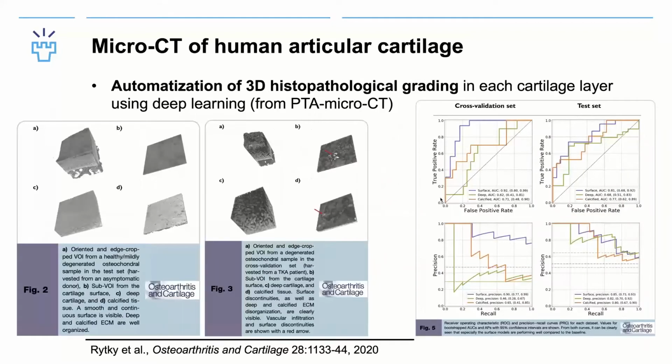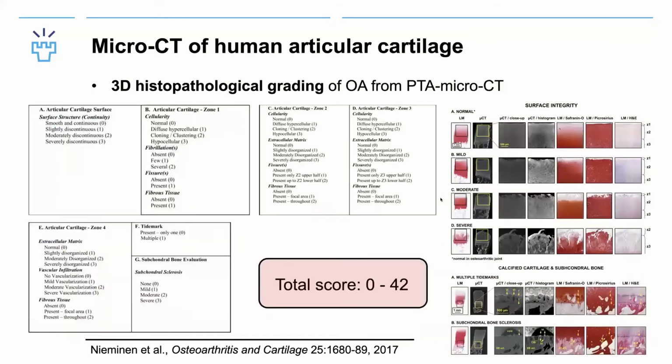We have also tried to automatize the grading. This was the semi-quantitative grading, in a way that you have a grader, and you basically go through the image stacks of micro-CT and give a certain grade based on this grading scale.